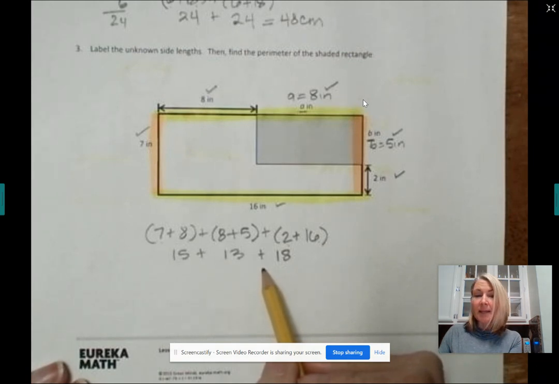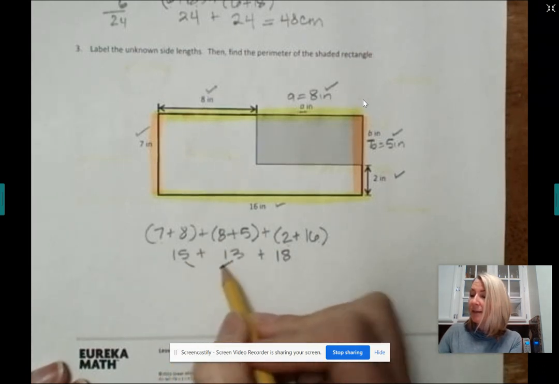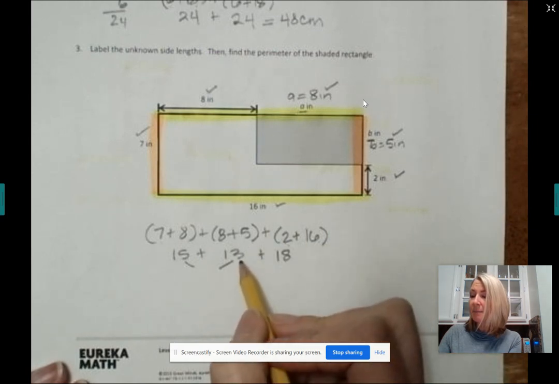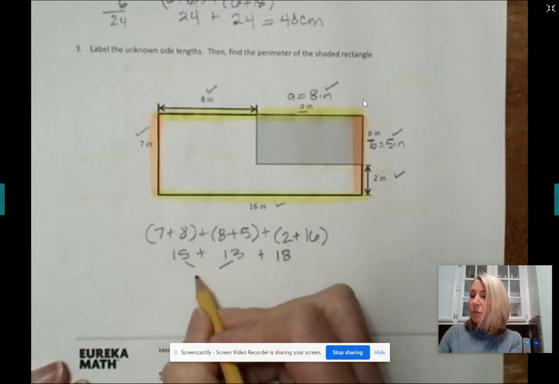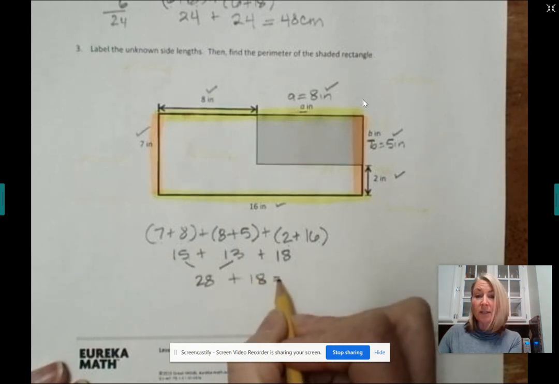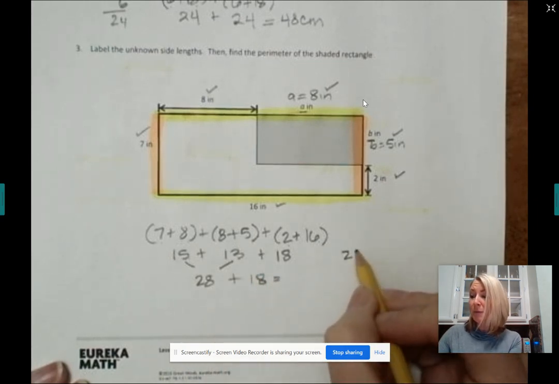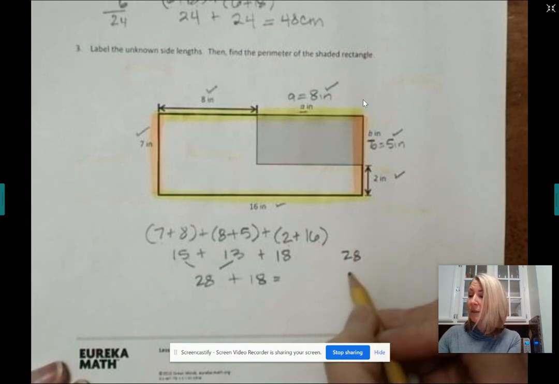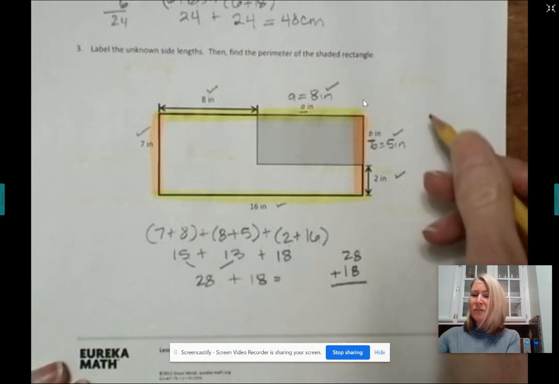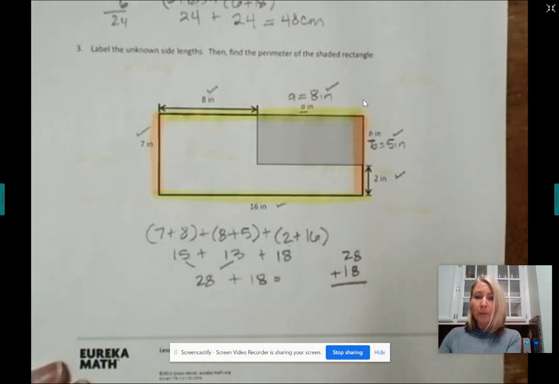Okay, then I got to keep adding 15 and 13. No regrouping here, so I'm not going to stack, but I have 28 plus an 18, which is going to have regrouping. I don't mess around with regrouping. I don't recommend you do either. I know we all have these fabulous mental strategies, but when you've done all this work, are you really going to blow it because you forgot to regroup a 10?